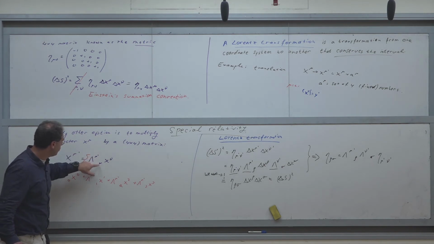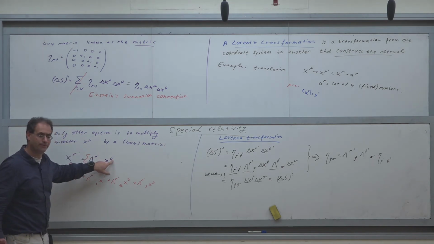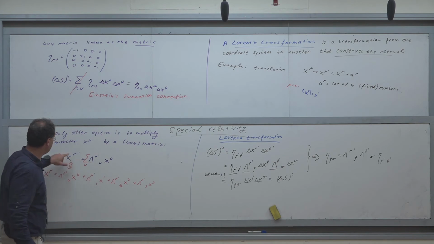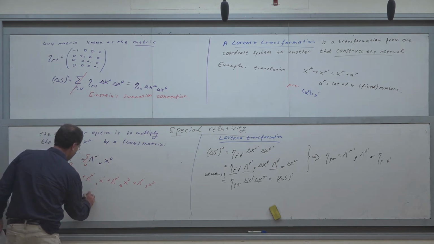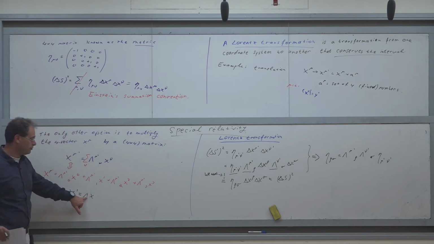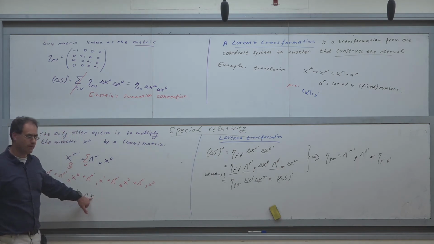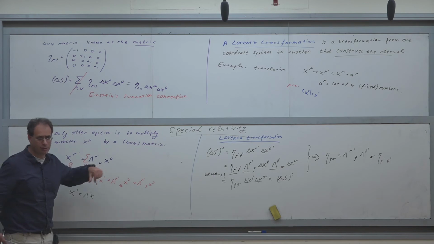Lambda 0 1, x 1. Okay? If I were to avoid that, I would just write x prime equals lambda x. I couldn't do it because there I'm multiplying a matrix with a vector. But when I multiply term by term, I can switch the order of the terms.